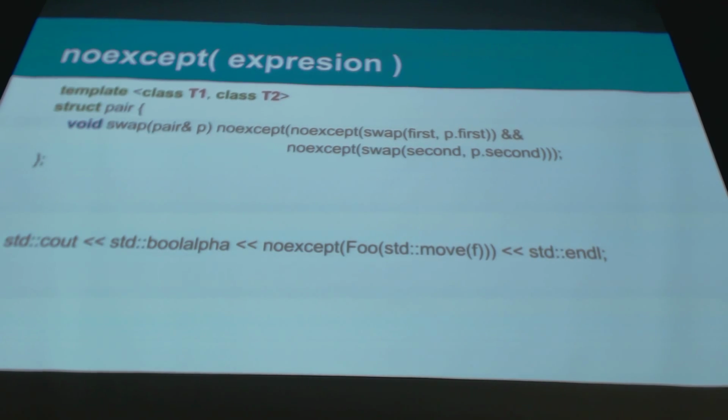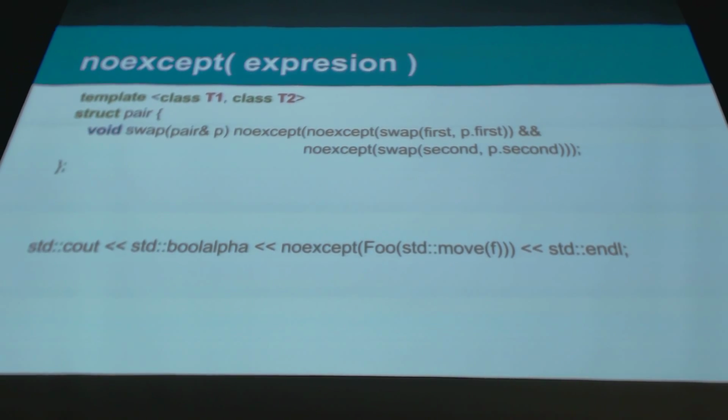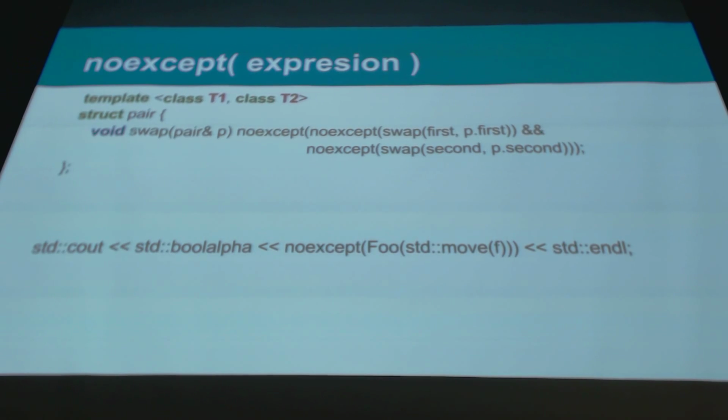So for example, let's say that some algorithm has to know that swap will not throw any exception. So we can check if swapping members of a pair will not throw any exception. So we say noexcept of swap of first and p first, and it will say true or false.